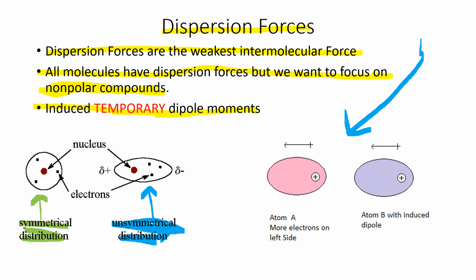At certain times, you're going to get an unsymmetrical distribution, and that's going to cause a chain reaction in neighboring molecules. So you get very, very tiny partial temporary positives and negatives that can actually be used to keep these molecules in close proximity to each other.